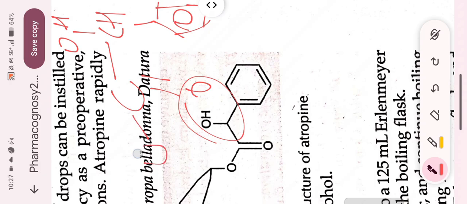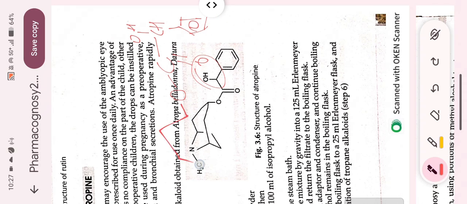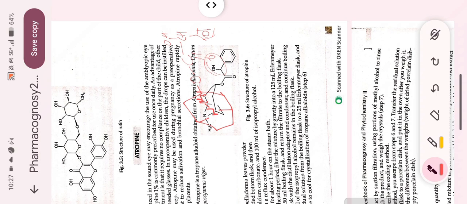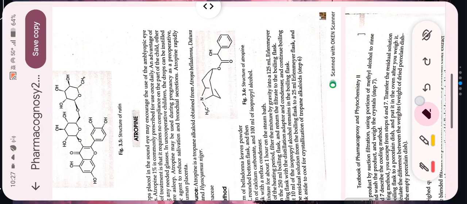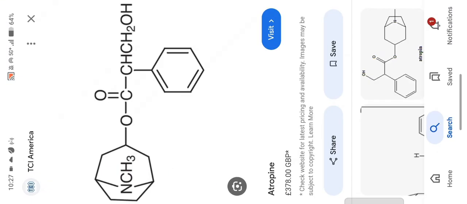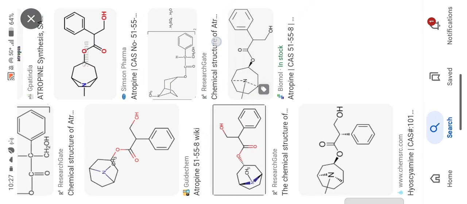Am I right? Yes, I am right. We have oxygen, and we have that 6-membered, not 7-membered. Yeah, this is a propane. Why will people give the wrong information like this? See, it is not having any CH2OH group sidewise. It's just OH. It's not CH2OH. It's just OH. A propane.